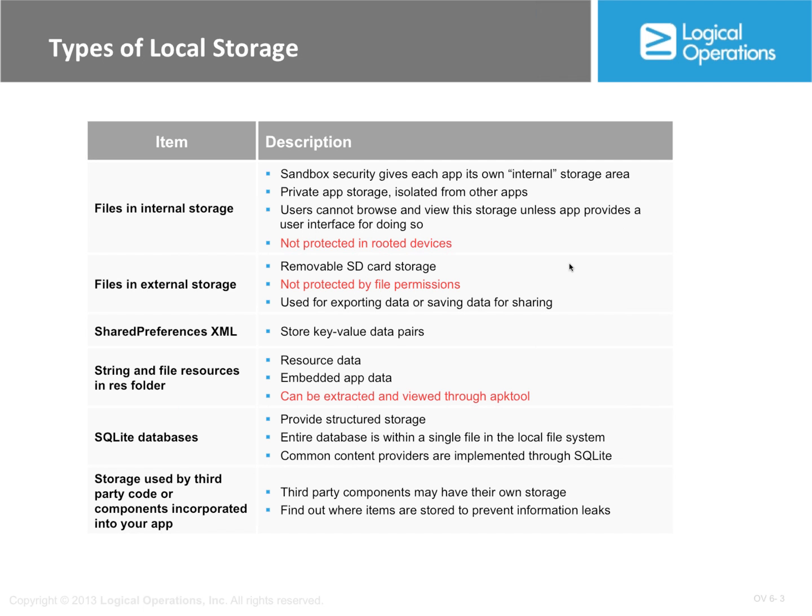And then the SQLite database itself, it's providing a structure, right, like a good database should. The entire database is within a single file that you're going to find locally, right? So bear in mind that by default and natively, information is not obscured or encrypted throughout a database, right?